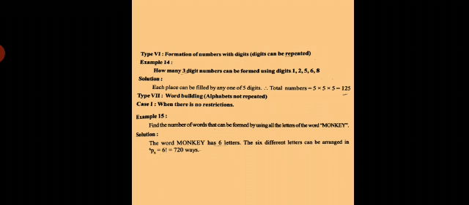The word monkey has 6 letters. So this can be arranged in 6 factorial ways, that is 6 into 5 into 4 into 3 into 2 into 1, that is nothing but 720.